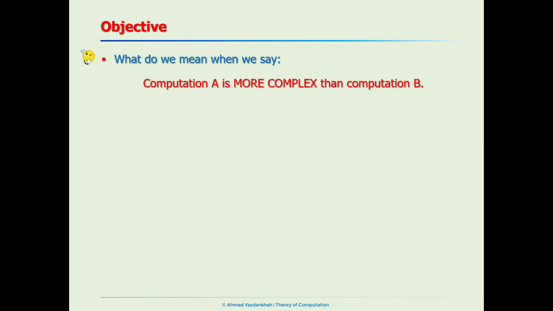Here are some essential questions we are going to ask and answer. If we say computation A is more complex than computation B, what do we really mean? What criteria are we measuring this with? To compare two things, we need a criterion. What is that criterion? Computation A is more complex than computation B. What does it mean?